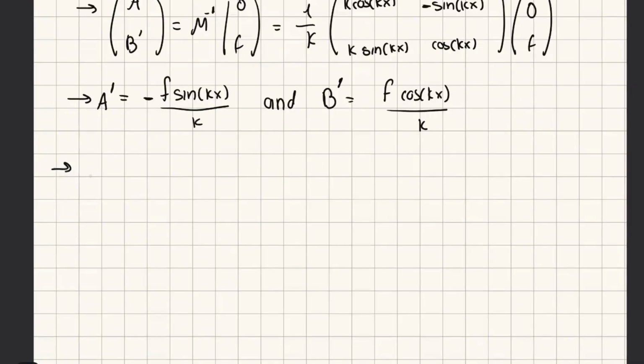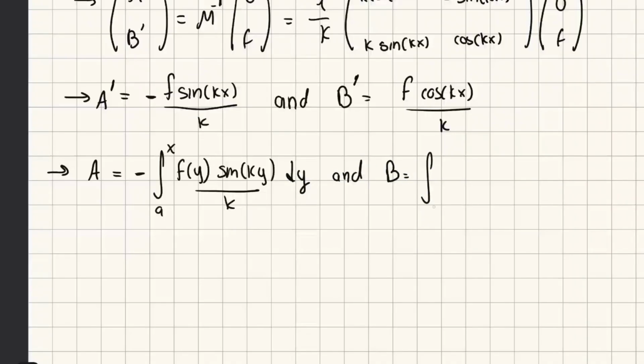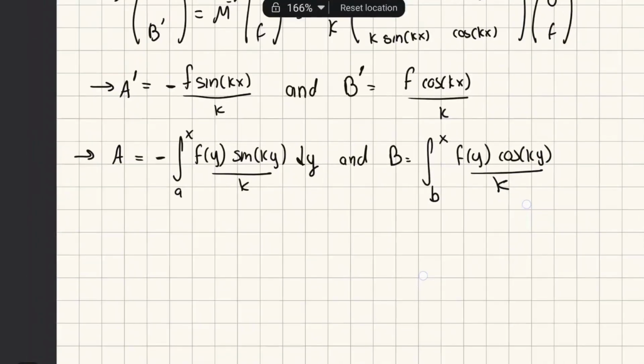So from here we can say that a is equal to minus the integral from an initial value a that we will find later to the value x of, let's say, f of y sine of ky divided by k dy, and b is equal to the integral from an initial value b to x of f of y cosine of ky divided by k dy.